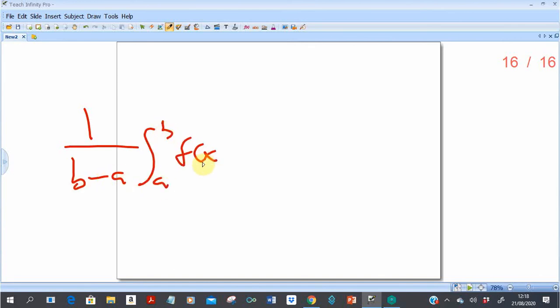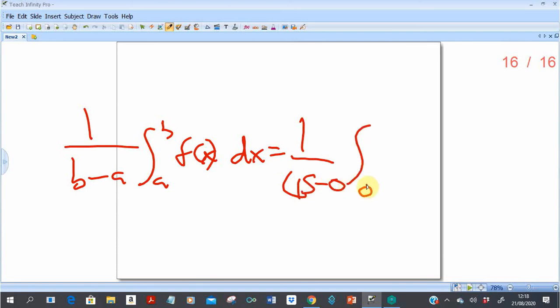We know the formula: 1 over b minus a, integral from a to b of f of x dx. So our b is 45, giving 1 over 45 minus 0, integral from 0 to 45 of sec squared x dx.